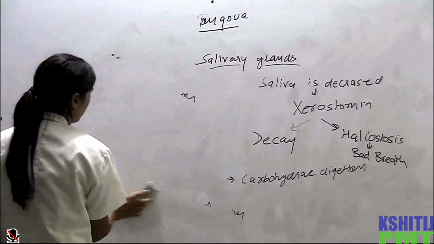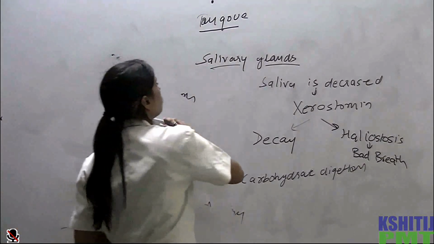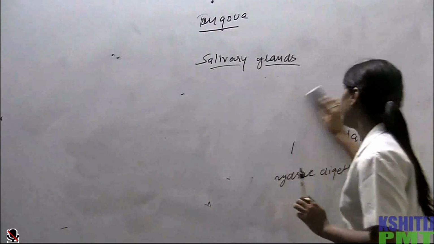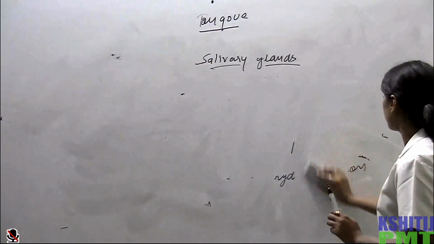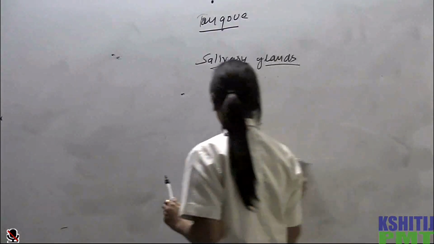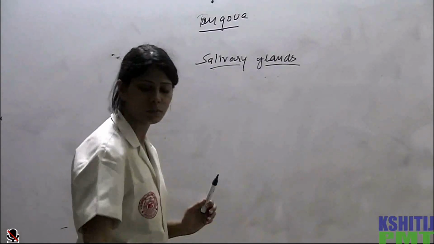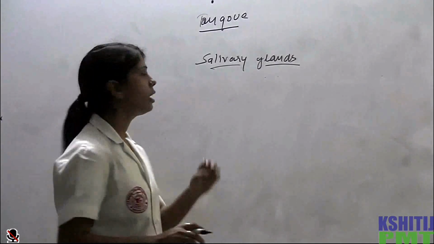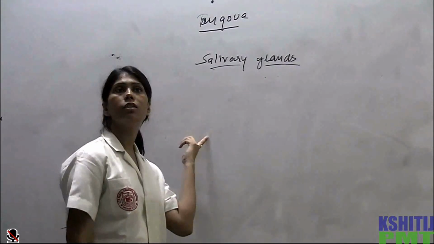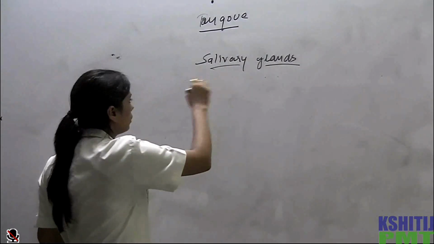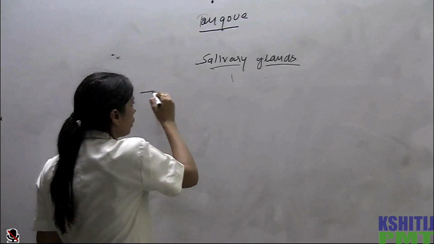Now we come to the salivary glands, their types and their secretion. In salivary glands we have three types.